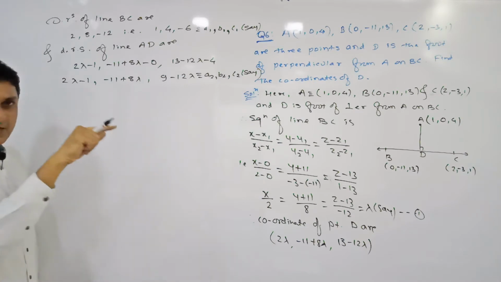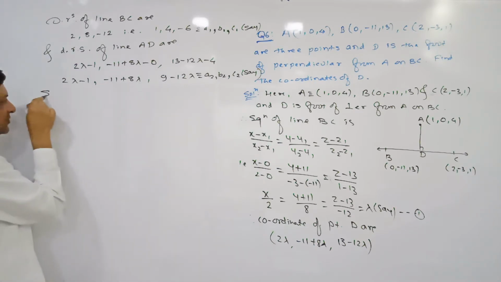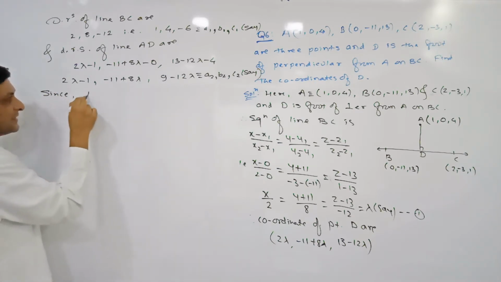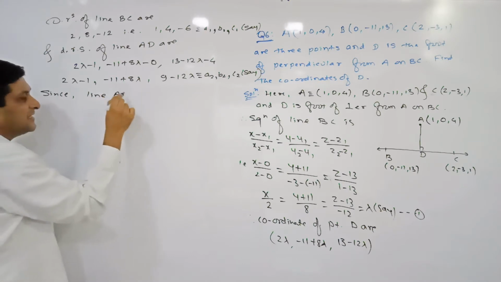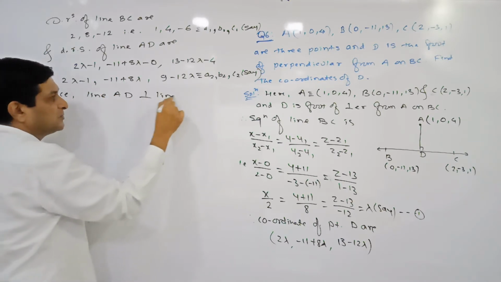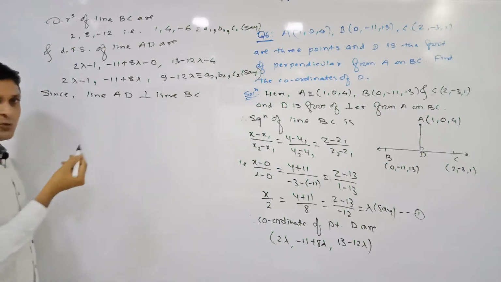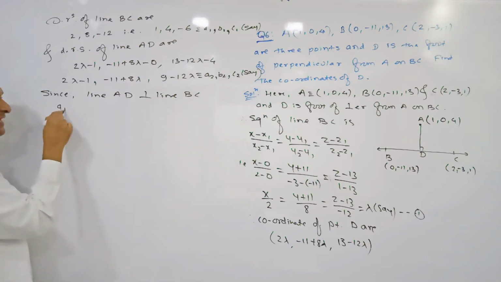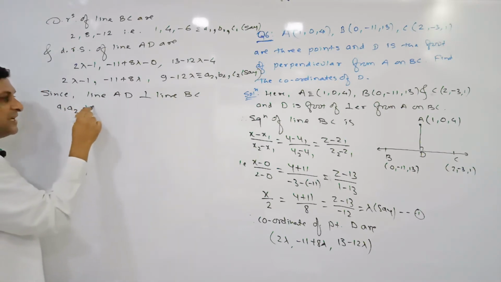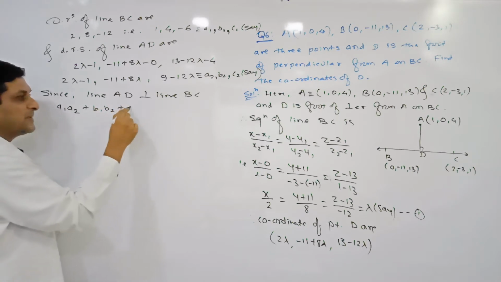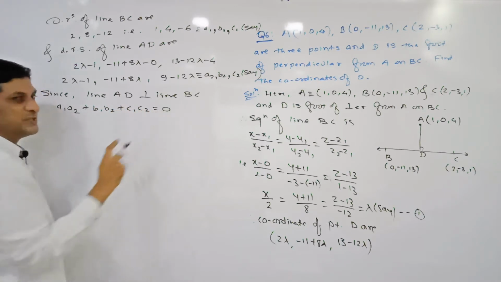Now lines AD and BC are perpendicular. Since line AD is perpendicular to line BC, the direction ratios satisfy the condition A1 A2 plus B1 B2 plus C1 C2 is equal to 0.